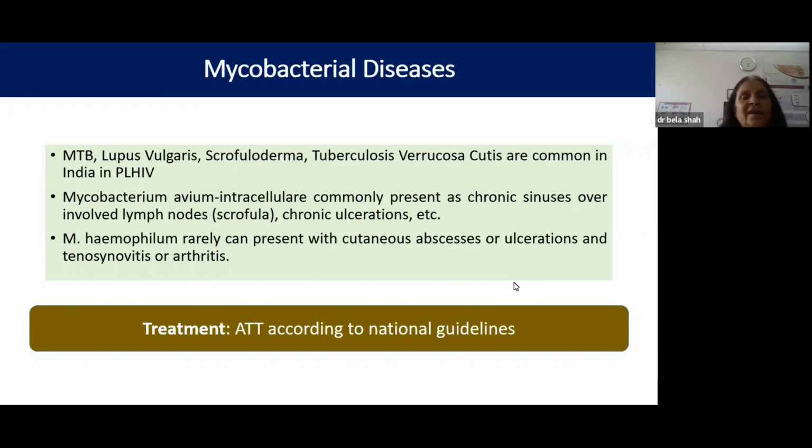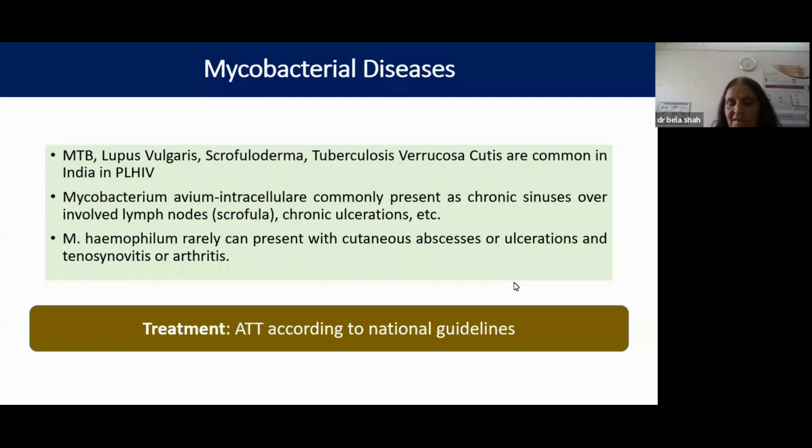Not only that, it can give rise to even chronic ulceration in the patient. So it is better to take a sample and do gram stain, culture, etc. to confirm the etiological agent. We should remember, even rarely, Mycobacterium haemophilum can cause cutaneous abscesses, ulcerations, and even tenosynovitis or arthritis.